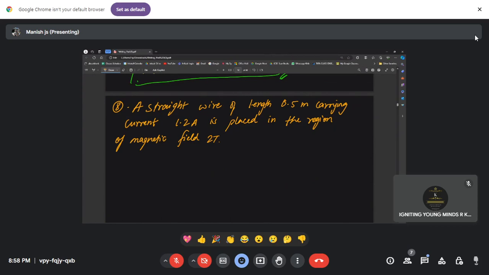Now, the magnetic field is perpendicular to the length of the wire that they have mentioned. Then they're asking the force on the wire.